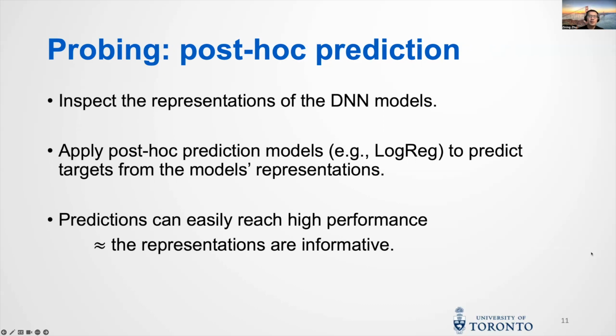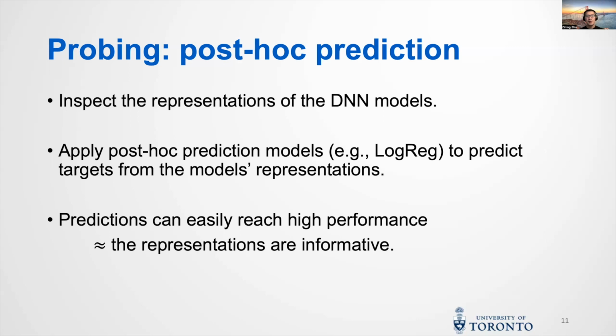Machine learning people like to say garbage in, garbage out. If the input to the machine learning model is of low quality, not informative, very convoluted, and the features are useless, then it's very, very hard to get an output that matches the prediction target. The same applies to probing. If you replace the input features with the representation of the deep neural network models, similar principles apply as well.